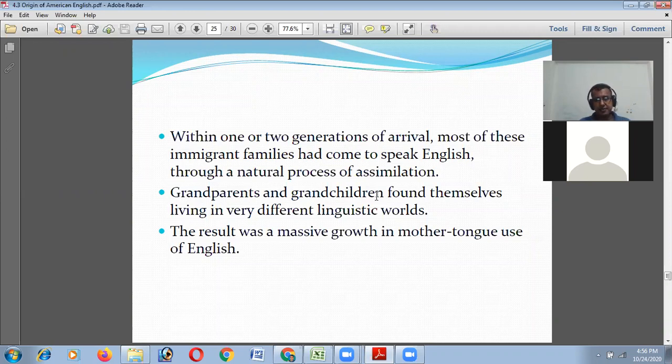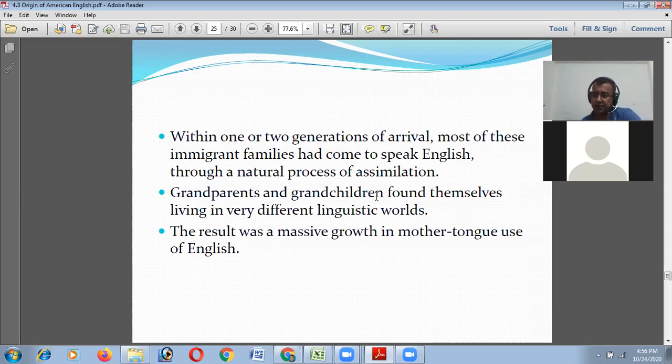Grandparents and grandchildren found themselves living in a very different linguistic world. Grandparents had Spanish or German as their first language, but the grandchildren use the English language. The result was a massive growth in mother tongue use of English.